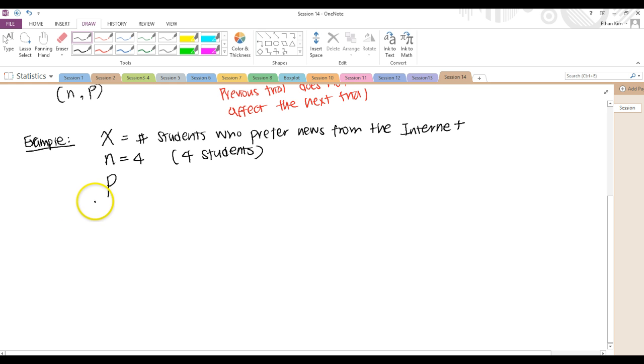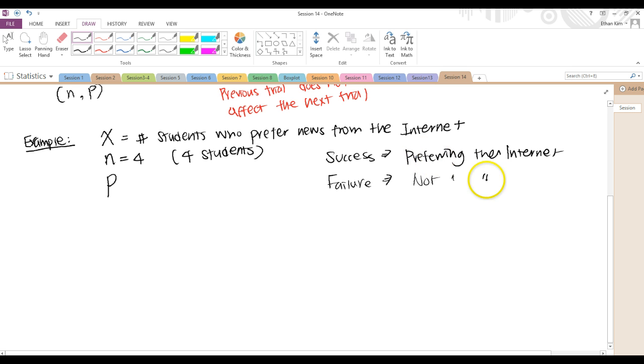So here the outcome, the success, is preferring the internet. And the failure will be what? Not preferring, everything else. So X counts the students who preferred news from the internet.